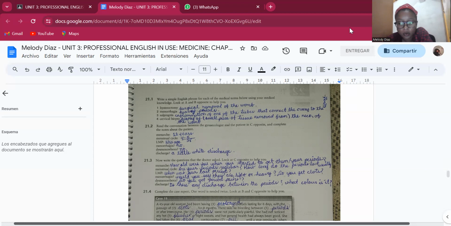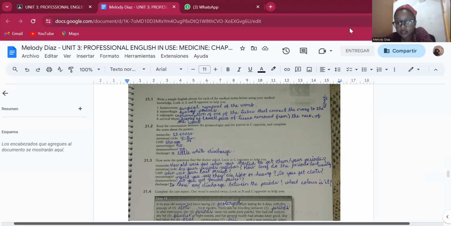Menorrhagia, no. Last menstrual period, 5 weeks ago. Dysmenorrhea, no. Discharge, a little white discharge.